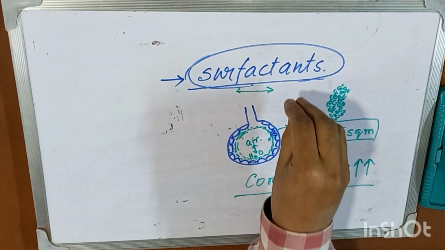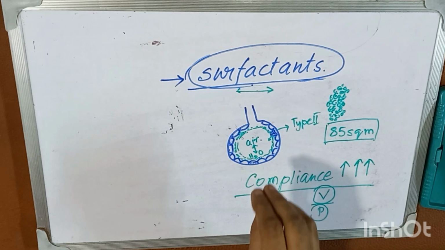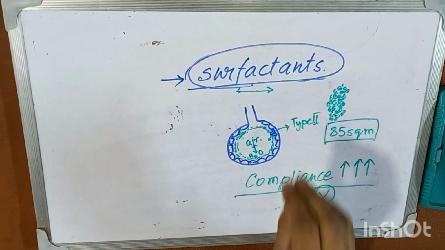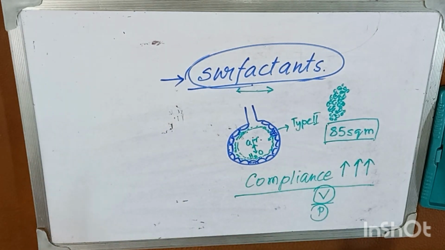These phospholipids secreted by the type 2 cells lower the surface tension of the lung, and so the lung can keep its huge surface area as well as maintain its volume. So the lung is also very much inflatable because it has these surfactant molecules. Why is it better inflatable? That I'll explain now.